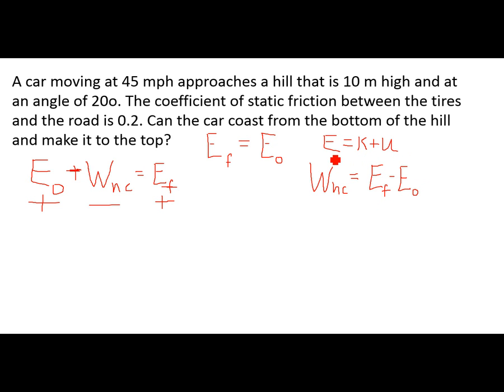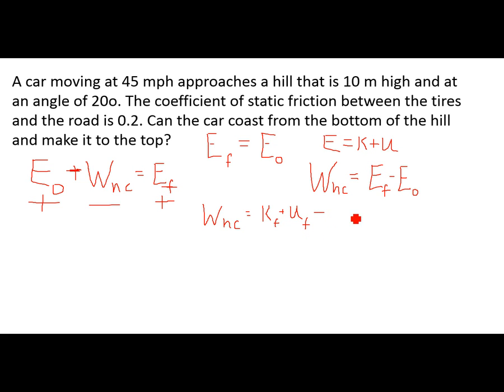So that means E final is K final plus U final, and E original is K original plus U original. Okay, so let's bring this over here. Non-conservative work. Okay. Think of that as the energy you're losing. Okay, it's being converted into heat. So E final is K final plus U final.